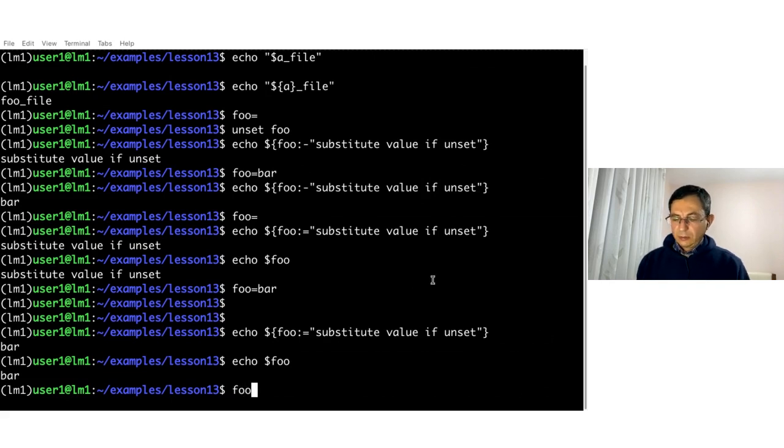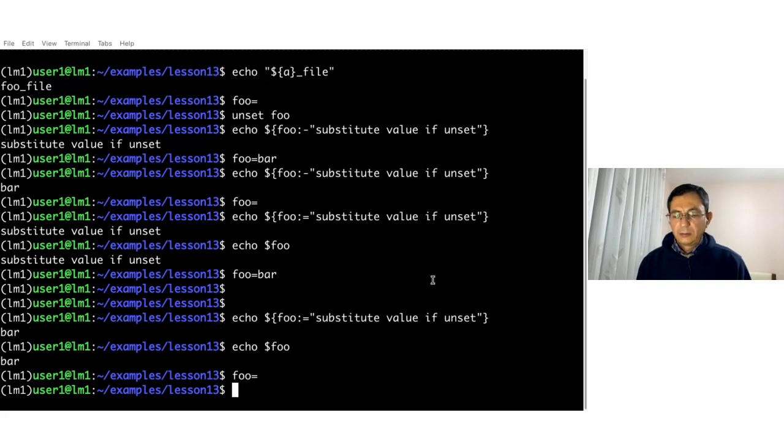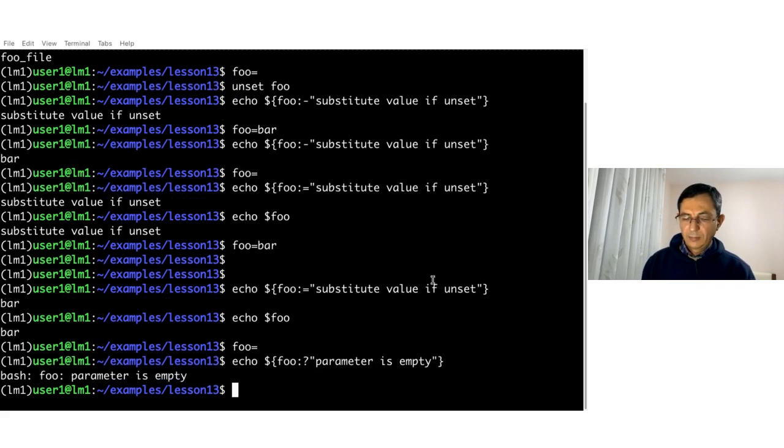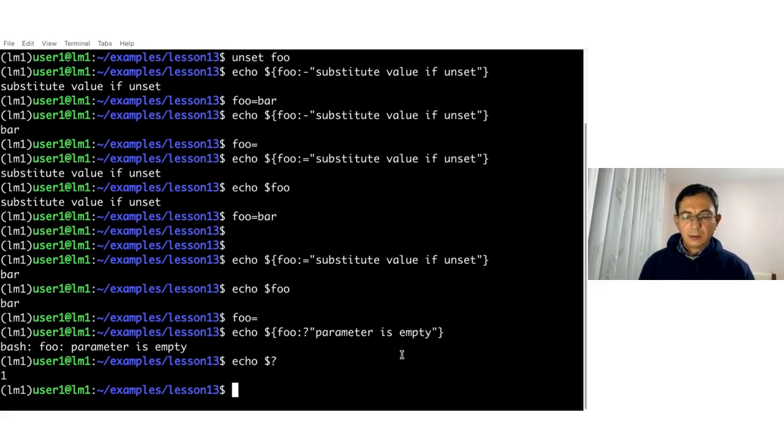Now let's make the variable empty again, and let's try this. Now, if the variable is empty, then we get this as an error message, and also the exit code of the previous command, of this command, shows an error.